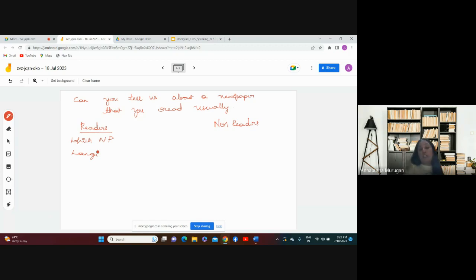So: which newspaper, which language, what you read mostly, what articles, and why you tend to read that paper only. For example, the Times of India is the newspaper that I read. I read it in English because I'm very comfortable with that language.